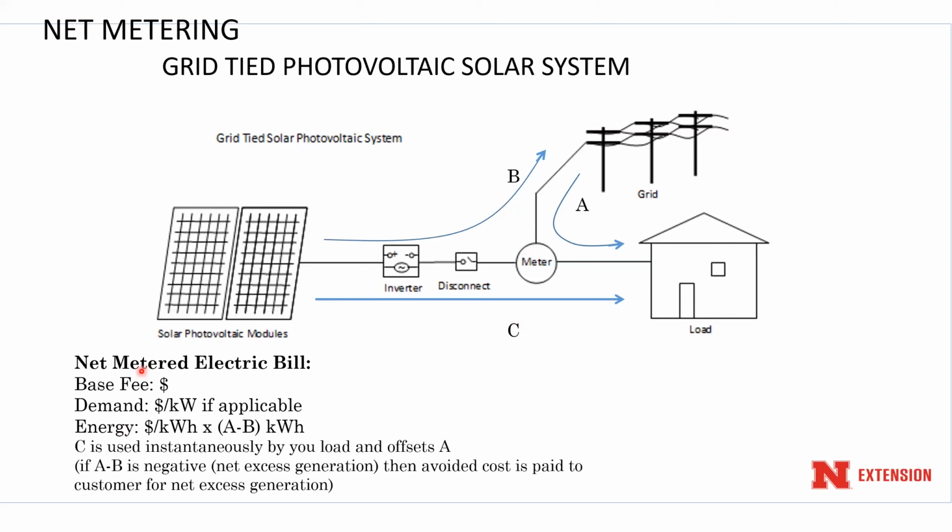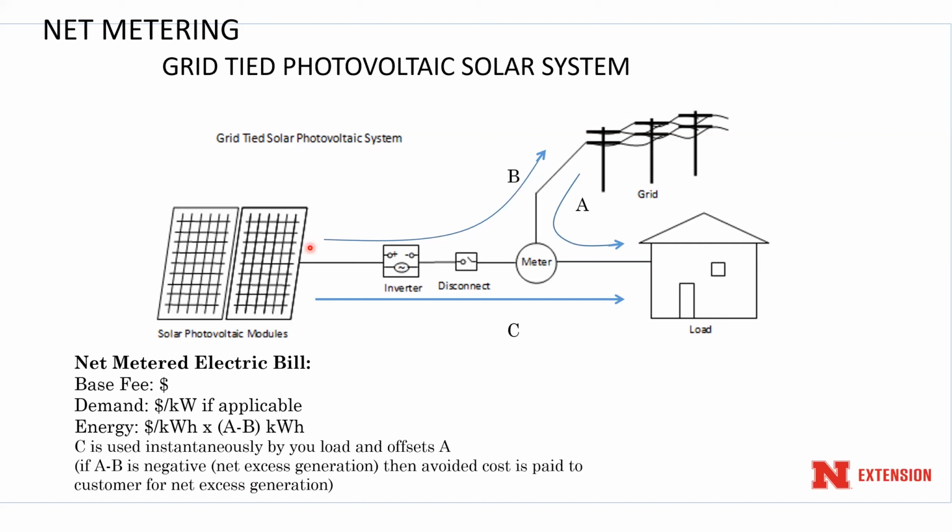My electric bill, if I'm net metered, is going to simply say, I pay the dollars per kilowatt hour times A minus B. And in the case that A minus B is negative, then avoided cost rate is paid to the customer for that excess generation. And so this is quite a good thing for economic purposes for the customer generator, because then B has the greatest value possible in most cases.